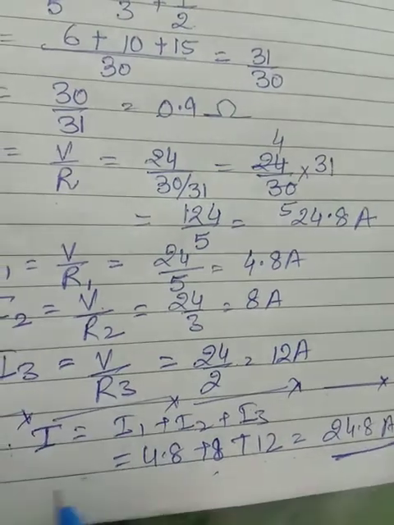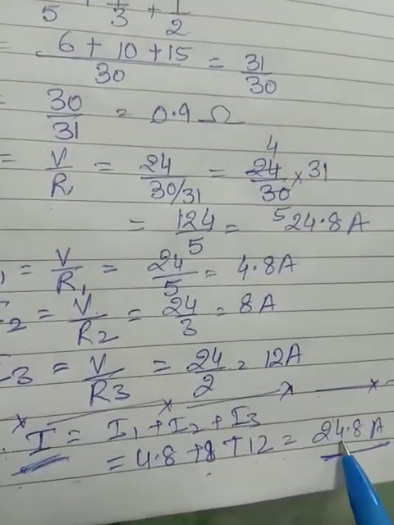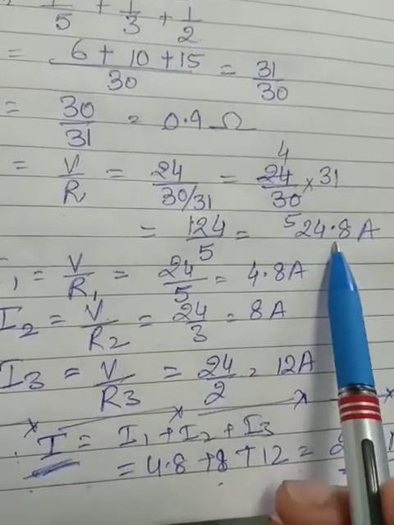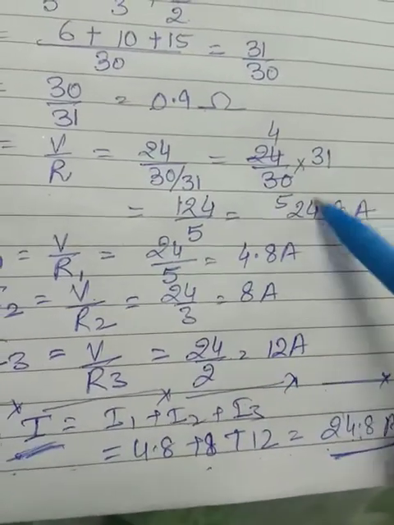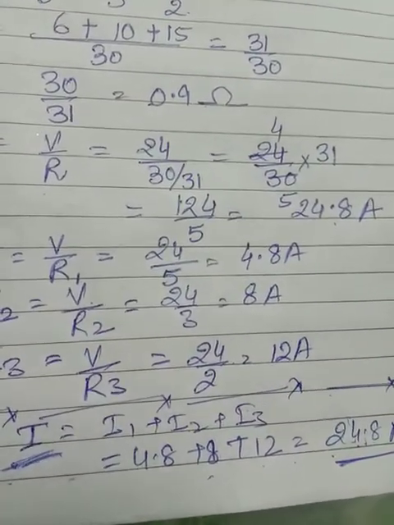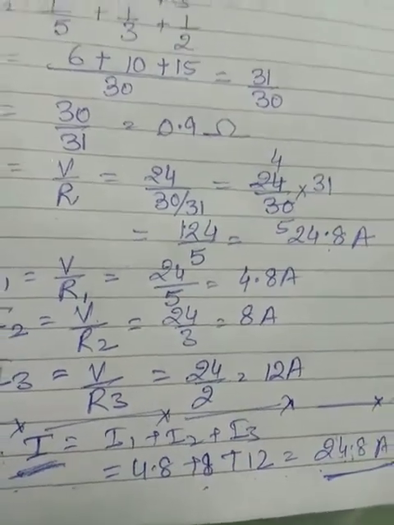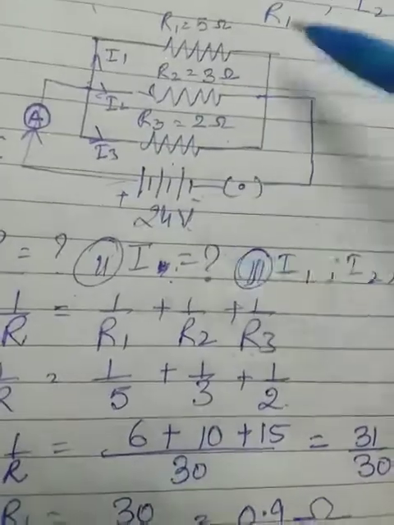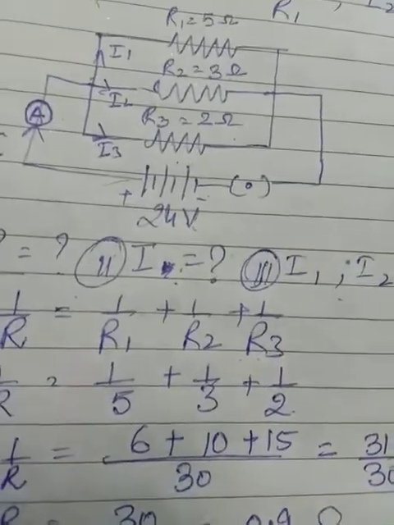The net current I comes out to be 24.8, and here we have found 24.8 as well. Since these two values are the same, it means that our numerical is correct. So in this way you have to attempt the numericals based on parallel combination of resistors. Thank you.